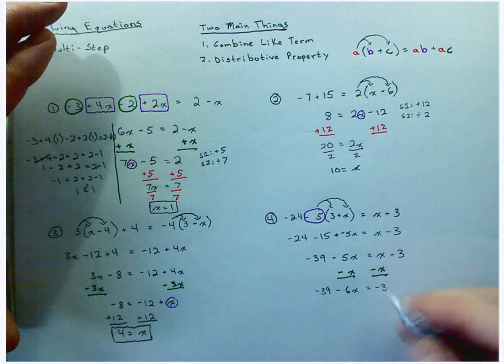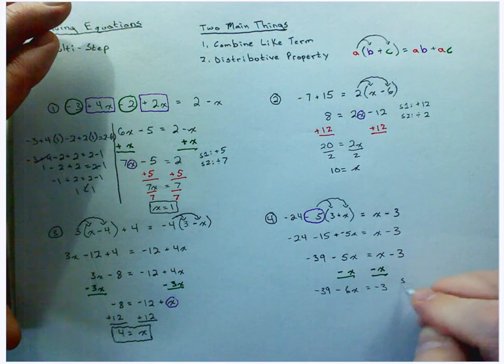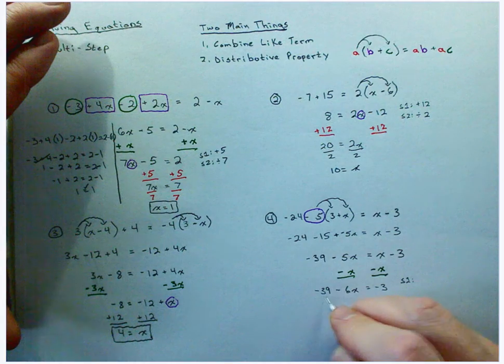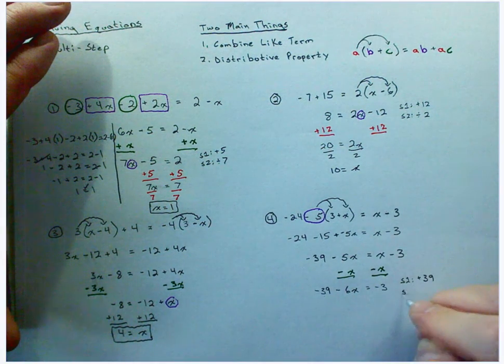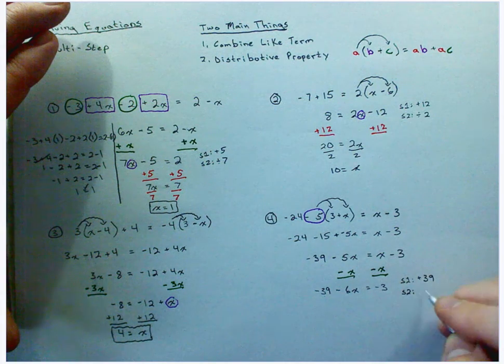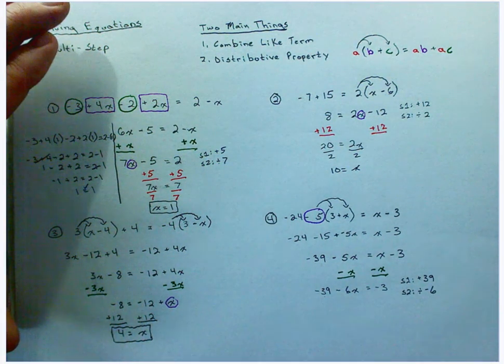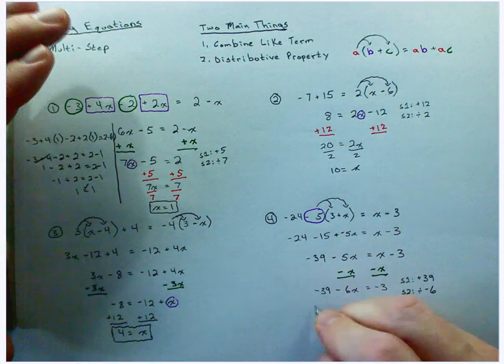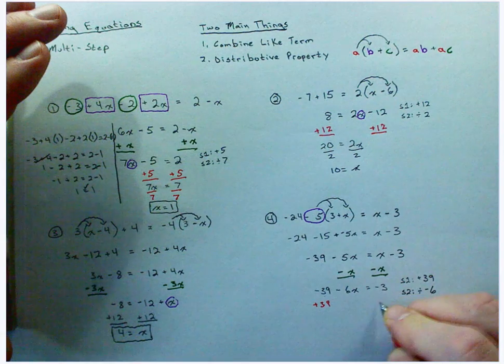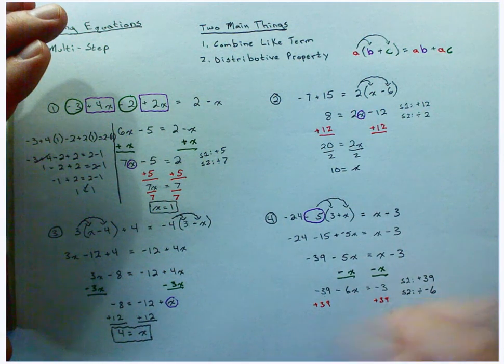I now have a two-step equation. Step 1 is going to be add 39. Step 2 will be to divide by negative 6. Add 39. That becomes 0.